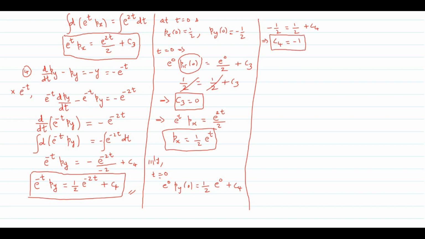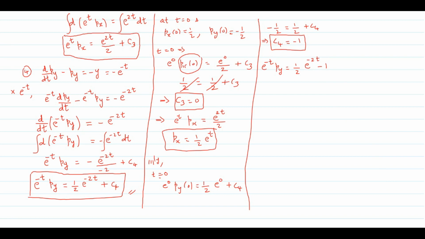So you can substitute here. e power minus t p y is equal to 1 by 2 e power minus 2t minus 1.